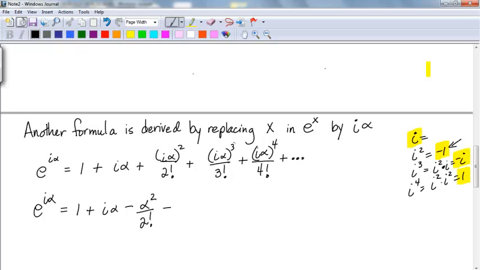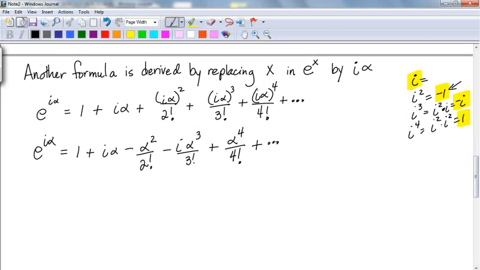I to the 3rd is like -i, so it's -i alpha to the 3rd over 3 factorial. And then plus alpha to the 4th, because i to the 4th is 1, over 4 factorial plus dot dot dot.